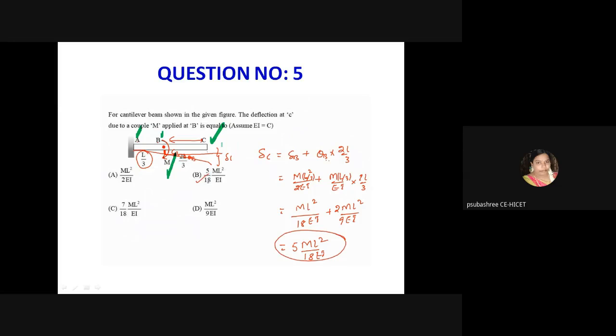the unknown is del C. Del C means deflection at C. So how to calculate the deflection at C? Del C is equal to the deflection at B, because the C point is here.